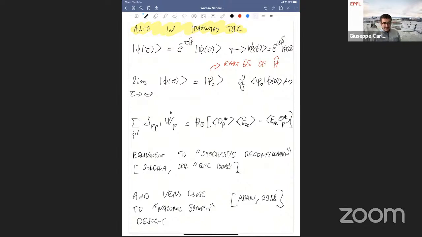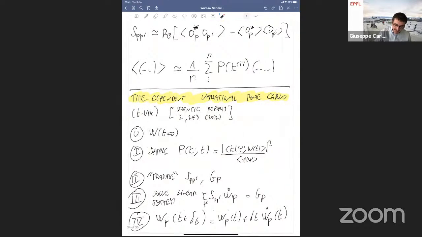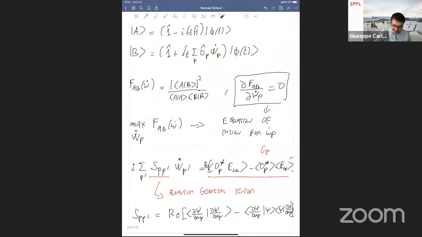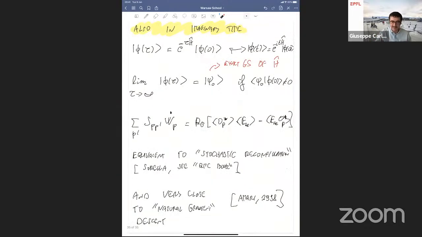So the only difference being that in the classical case, if you want, this matrix is not the real part of a complex object, but it's actually real by construction, and it's the Fisher information matrix that is associated with your model when you try to minimize a KL divergence.